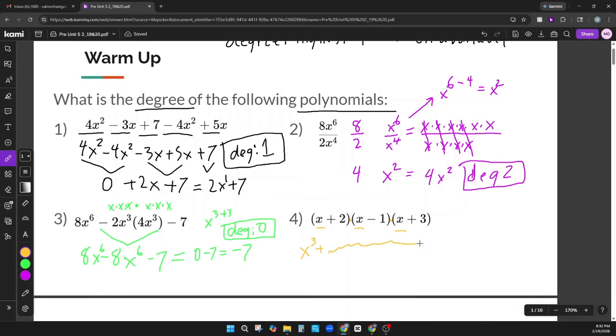But I know the highest degree that I'm going to get is x to the third. So in this case, we're going to use that fact to bypass some of the work in order to just list this out as a degree 3 polynomial. Because I'm multiplying x 3 times, I know I'm going to get x to the third, so I could use that to justify that I'm going to get a degree 3 polynomial.